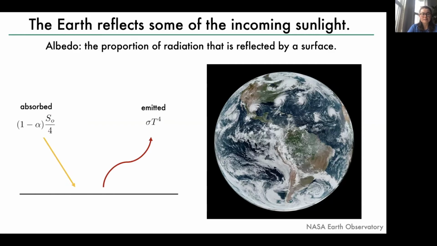Albedo is the reflectiveness of a surface, or the proportion of radiation that's reflected rather than absorbed by a surface. So we actually need to modify the amount of energy that we receive from the sun by multiplying it by 1 minus alpha, where alpha represents the albedo of the Earth.